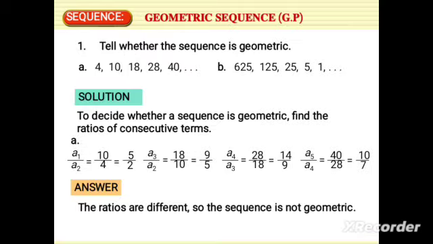Part B, we have the sequence starting with 625, 125, 25, 5, then 1, and it continues. To find the common ratio there, we have 125 over 625, which gives 1 over 5. Next, 25 over 125, it is 1 over 5.